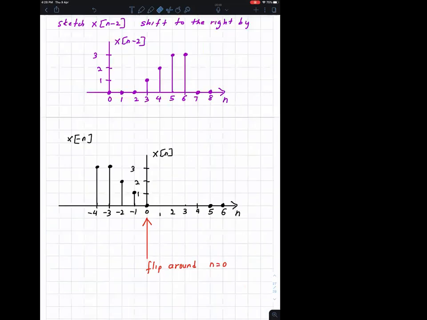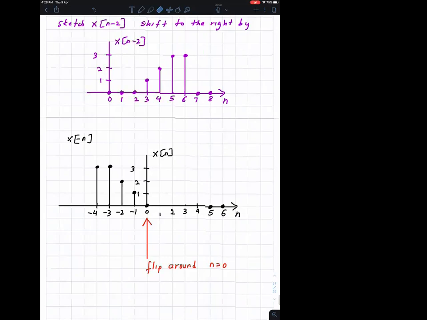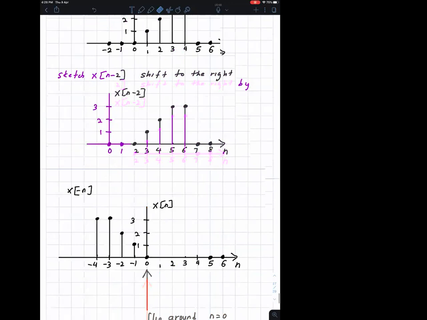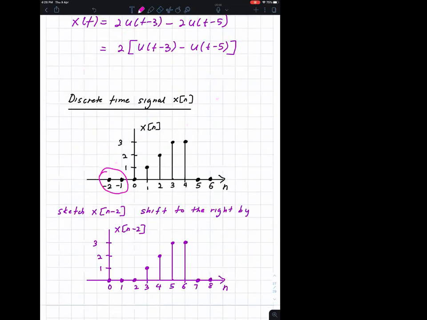And then the rest is all 0. You go back to the original signal and then you see all these zeros, they're on the left. Now minus 1 becomes plus 1. The 0 shifts to plus 1 and plus 2.